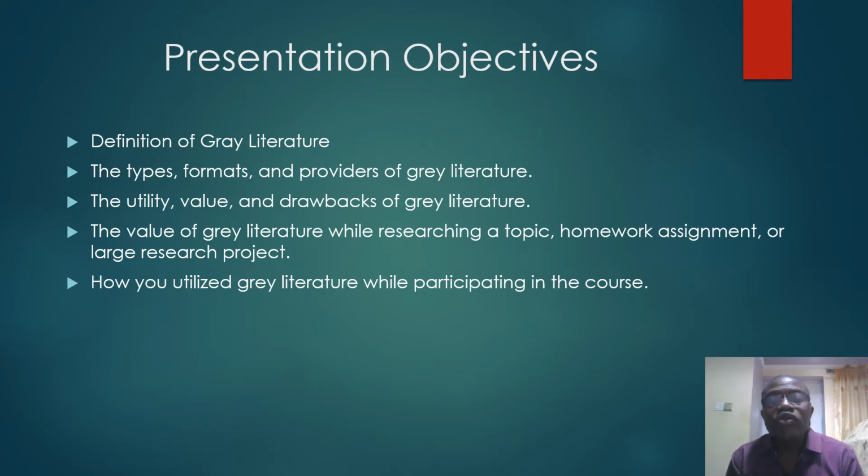Then thirdly, we're going to be looking at the value of grey literature while researching a topic, homework assignments, or large research projects. Lastly, we are going to be looking at how grey literature has been utilized for this course, this healthcare management course.